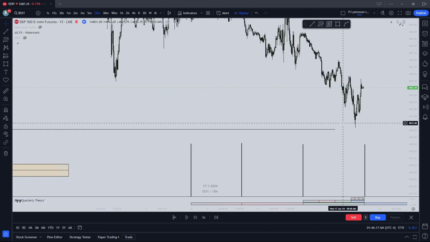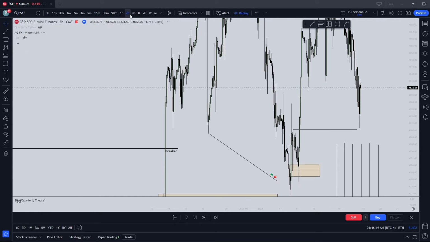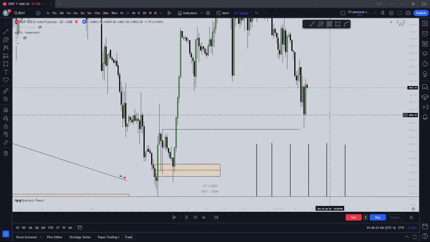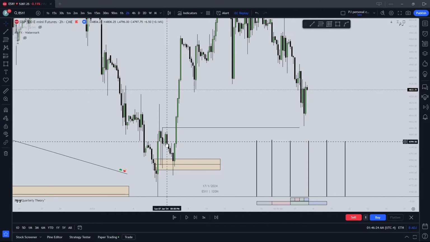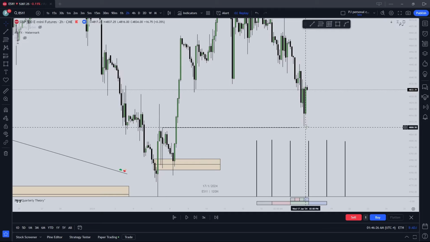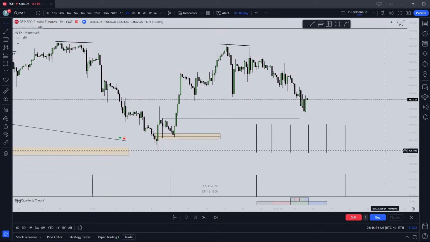So we now form a good high time frame rejection block, delivering from our high time frame PD array at a pretty decent time of month, time of week, and day. All right.